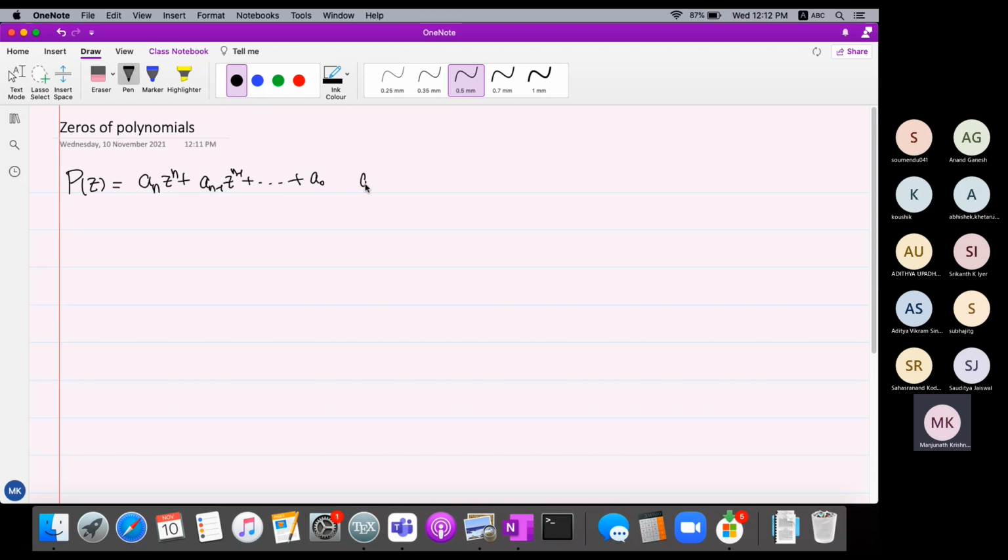Plus a naught, where the a_i's are of course complex numbers. And then let's say the roots are, we can also write this in terms of the roots, which is z minus zeta 1, dot dot dot, z minus zeta n. So there are two things. We want to say, for many polynomials, so the motivation is for many polynomials.